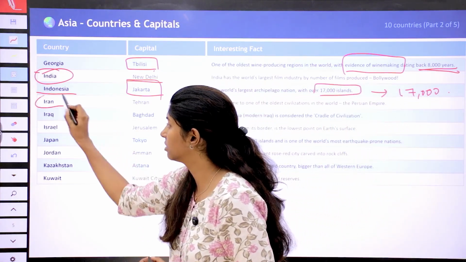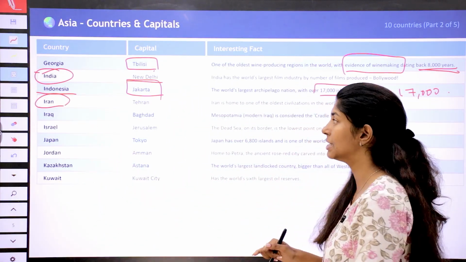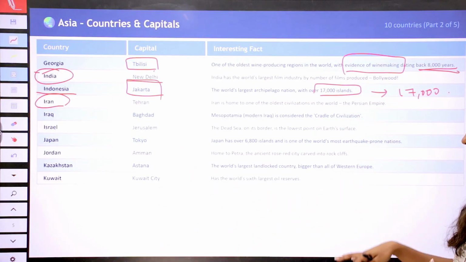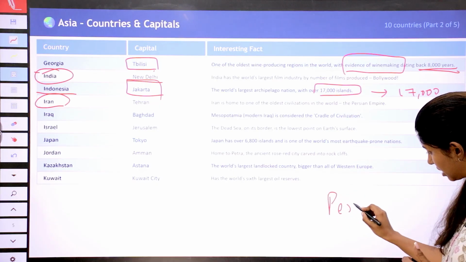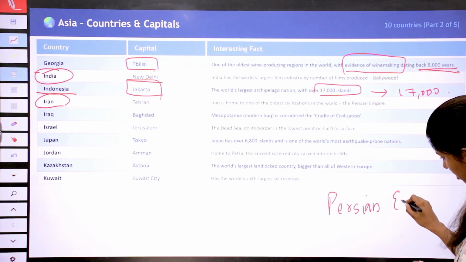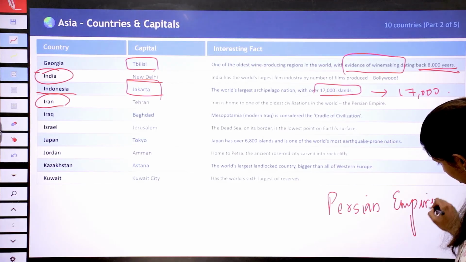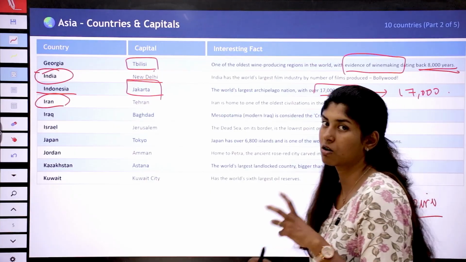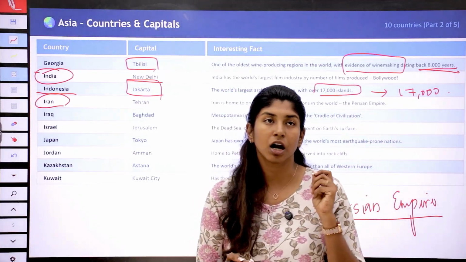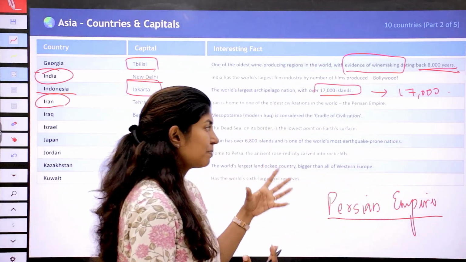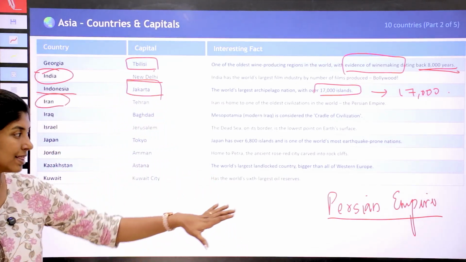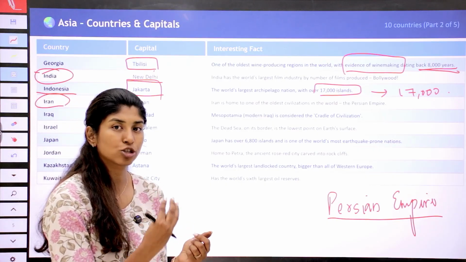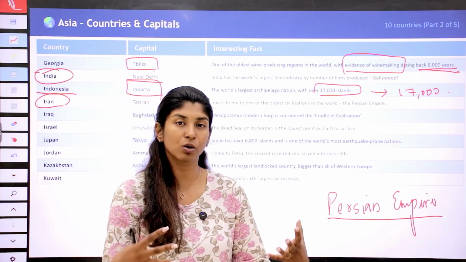Next is Iran. Iran's capital is Tehran. It is home to one of the oldest civilizations in the world, that is the Persian Empire. Now, from the Persian Empire the word paradise got formed, because in Persia, paradise meant enclosed gardens, and they always had architecture with enclosed gardens.